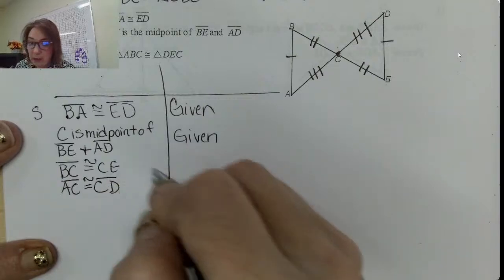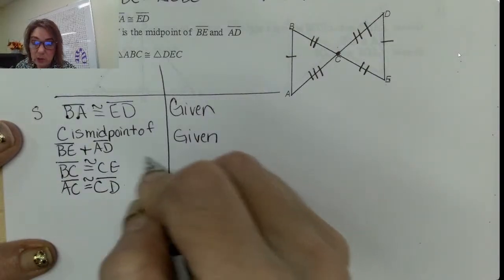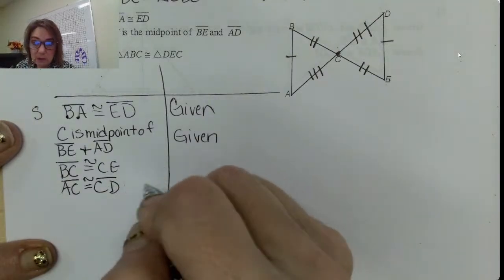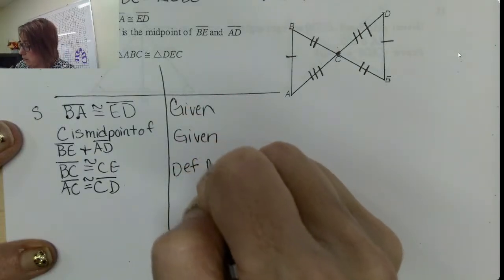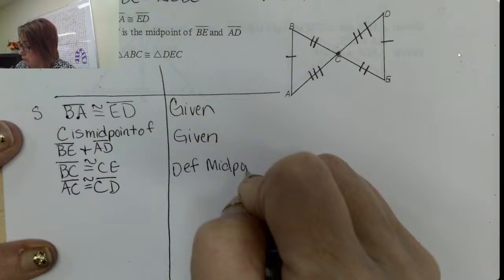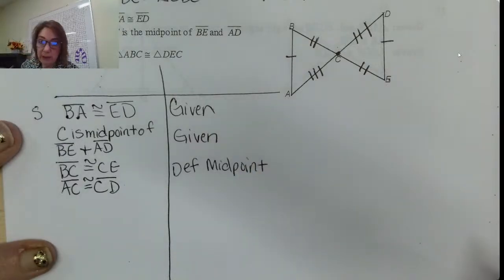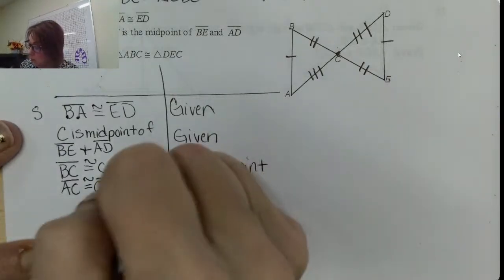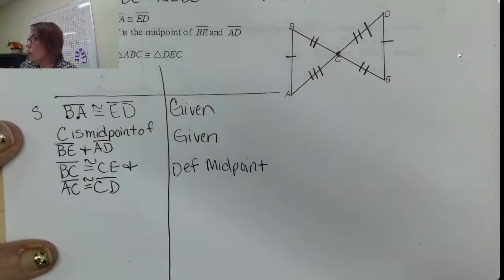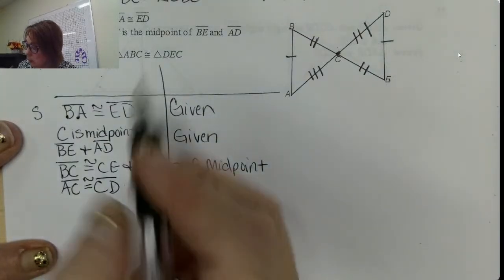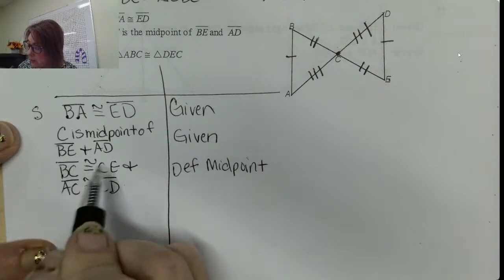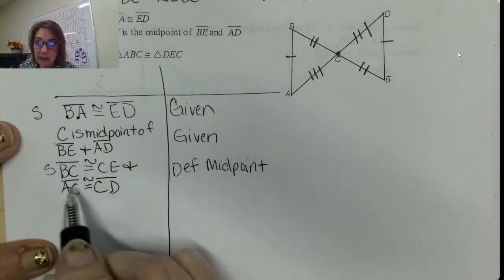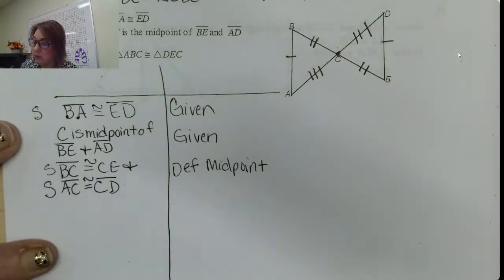Now, how do we know both of these things? What's our reason behind both of those? Definition of a midpoint. And we're going to make life a little easier and just write it one time for both of them. We'll put the word and between them. We'll make that one statement. So this is a side is congruent to a side. This is a side is congruent to a side. This is a side is congruent to a side.